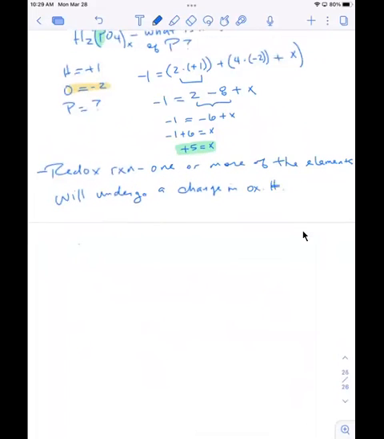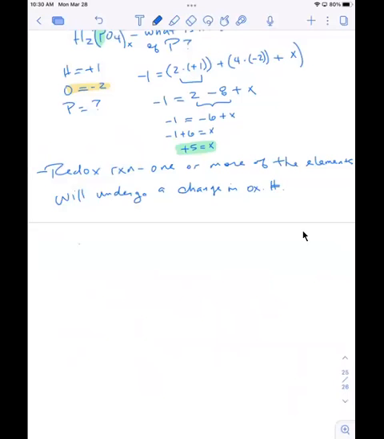That's really important. If we're able to calculate oxidation numbers, we'll know exactly which one underwent oxidation and which one underwent reduction. Because if your oxidation number goes down, that means you've been reduced. If your oxidation number goes up, that means you've been oxidized.